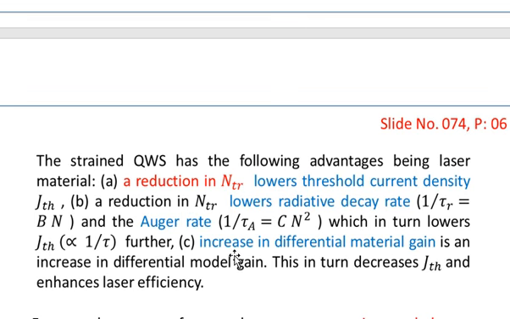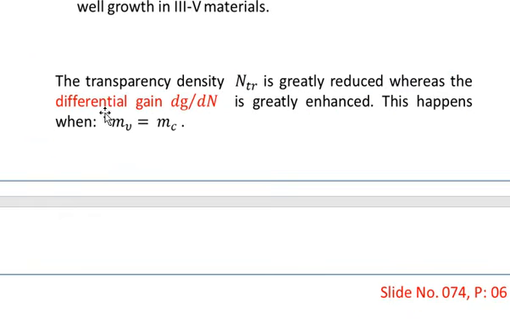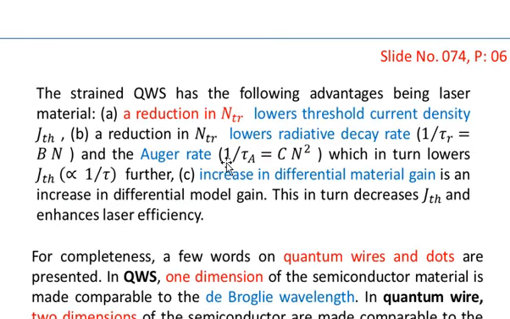The third point is the increase in differential material gain, as we have explained, that is the differential gain dg over dn will increase. So the increase in differential material gain is an increase in differential modal gain. Differential modal gain means emission of different frequencies.